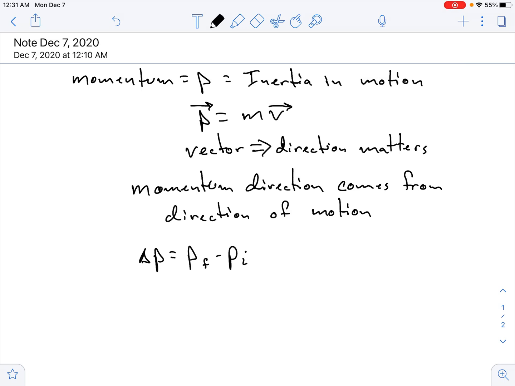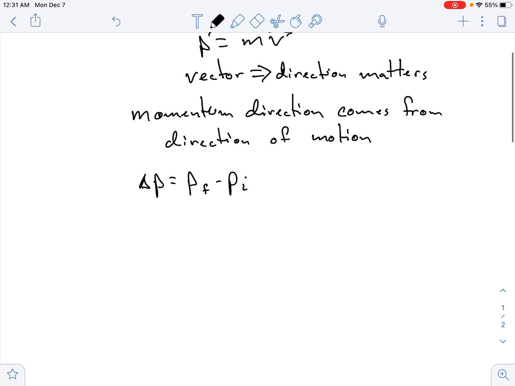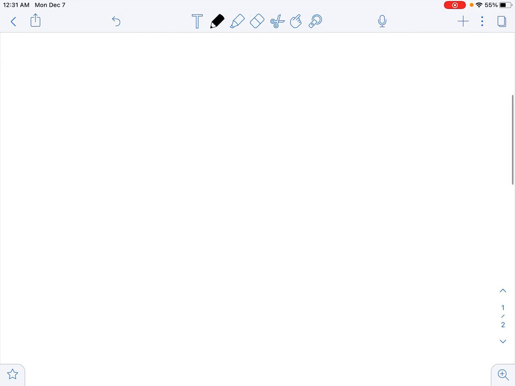The other thing to think about is that direction matters: an object that changes direction is going to have an incredibly large change in momentum.